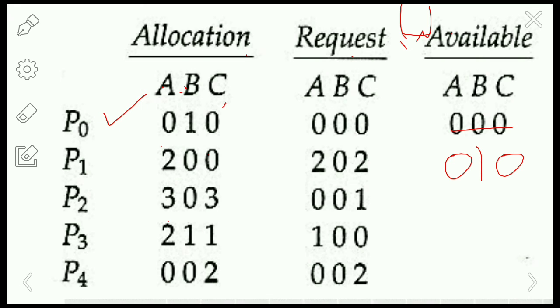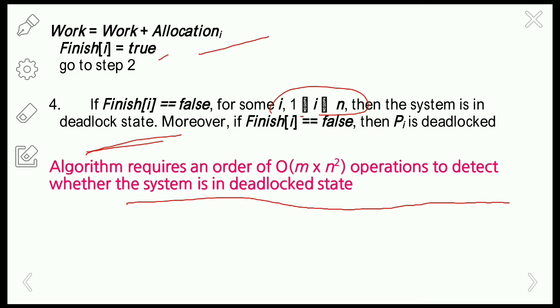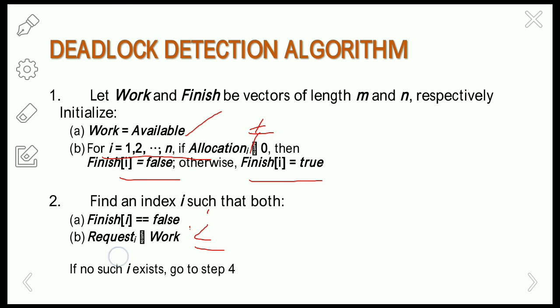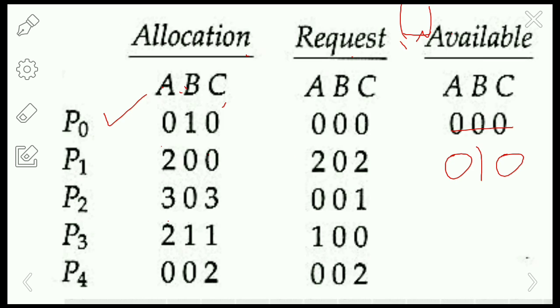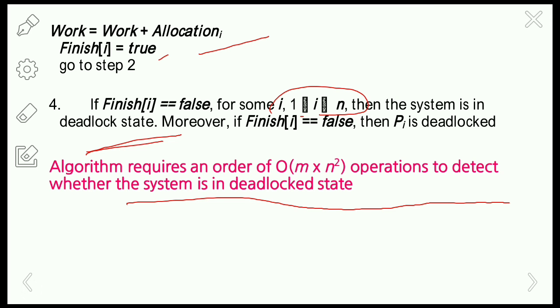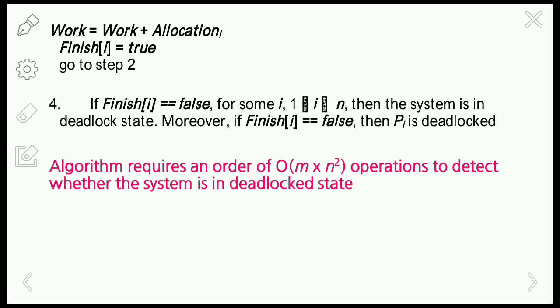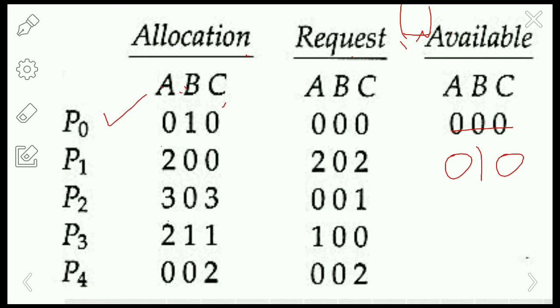Now let us go to the next one, P1. We have selected process P1, whose finish is false, meaning it has not executed. The request must be less than or equal to work. 2 0 2 is not less than or equal to 0 1 0, so this is not satisfied, and P1 is not executed successfully.